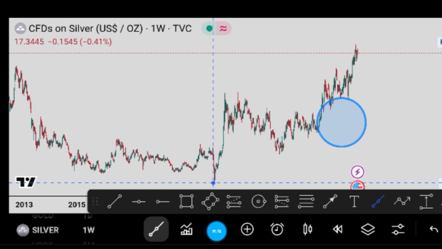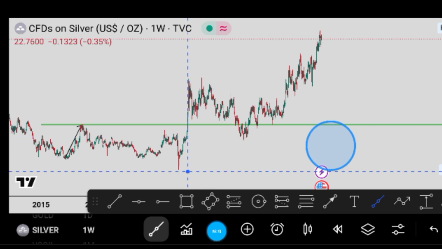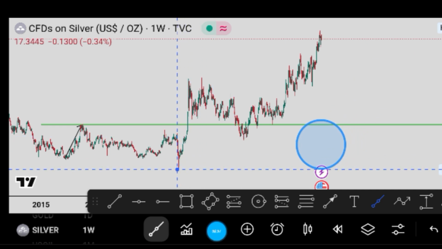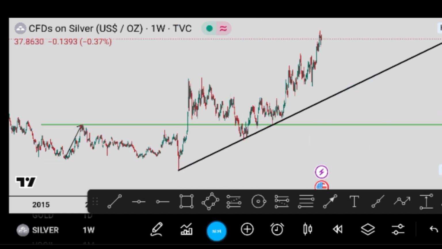For the man, it breaks the structure, and there is a break of structure here. So now from here, we'll put the trend ray from this low back to this base. Simple. Very, very simple.